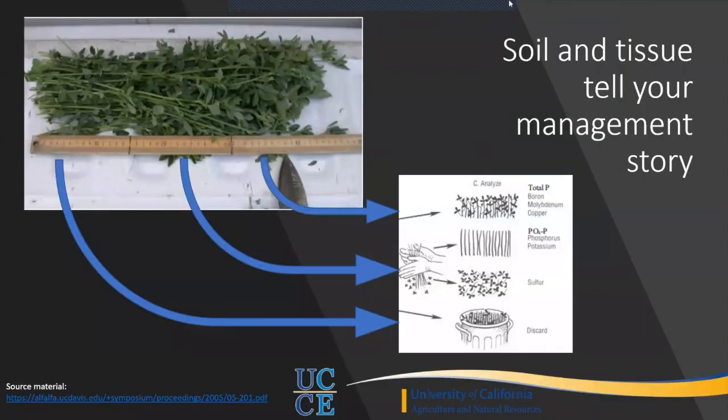The soil in the field, of course, is not the only thing that we can monitor by sampling. It's also possible to monitor the success of a nutrient application by testing crop tissue.